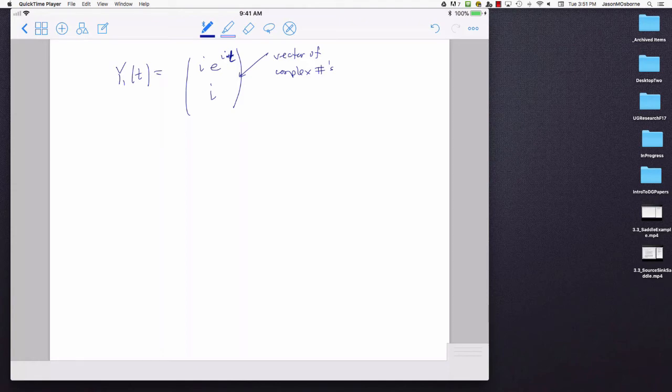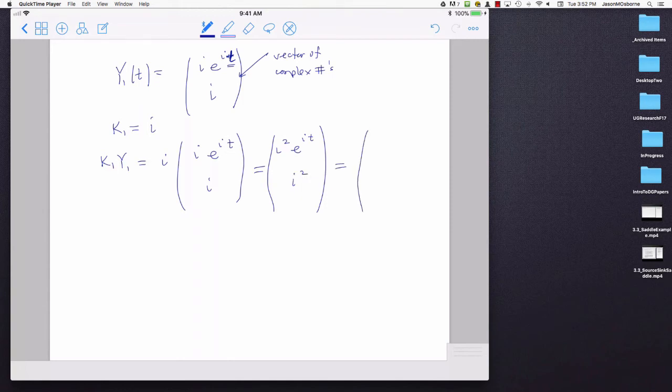These complex numbers also happen to be functions of t. Now, if you let k1 be the number i, then k1 times y1 would be i times i e to the it, and then you would get i. So you get i squared, distributing this through to get i squared e to the it, i squared. I squared is negative 1, so you get negative e to the it, and then you get negative 1.